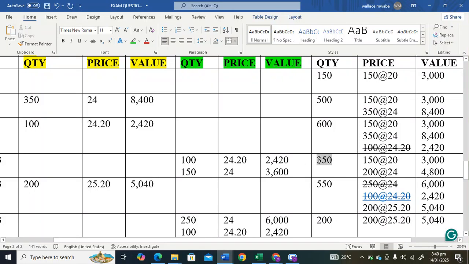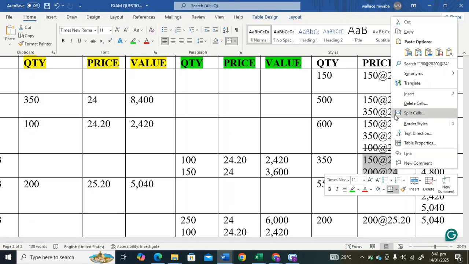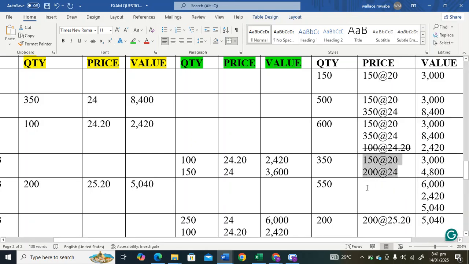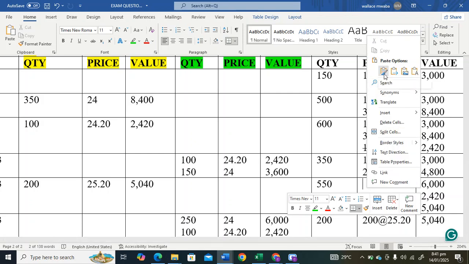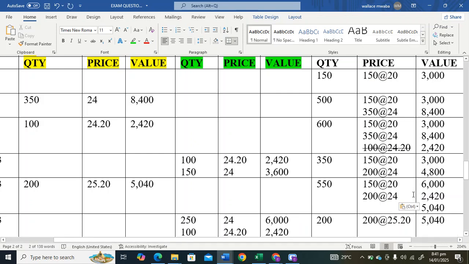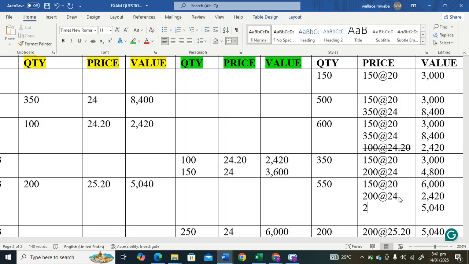We had 350 goods, we brought in 200, so now I've got 550 goods. 150 valued at 20 kwacha, 200 valued at 24 kwacha, and then another 200 valued at 25 kwacha 20.